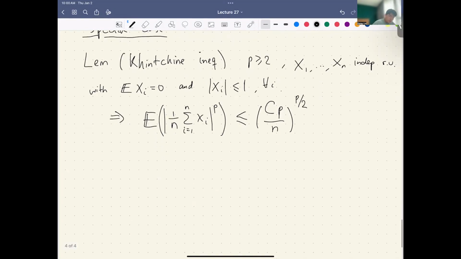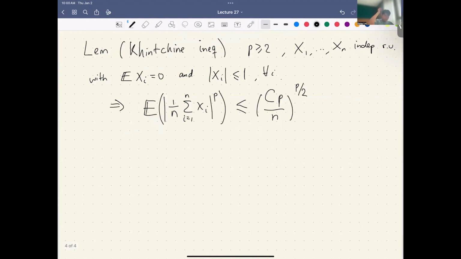So before proving this, let me again write a remark. Why this is law of large number nature. Because what do we know about xi? Each one of them has mean 0.